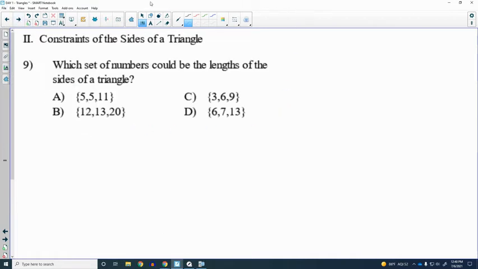Part 2, I'm just going to give you some of the basic idea of what this puzzle is. I call part 2 the constraints of the sides of a triangle. Sometimes this is also called the third side rule.